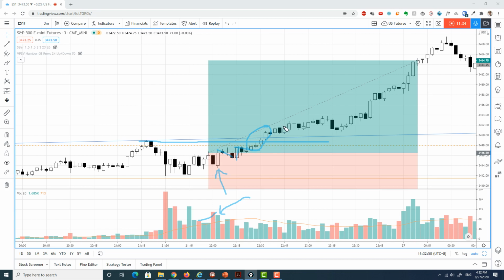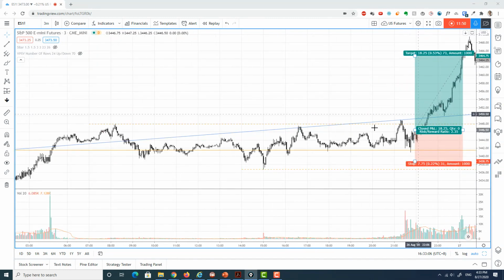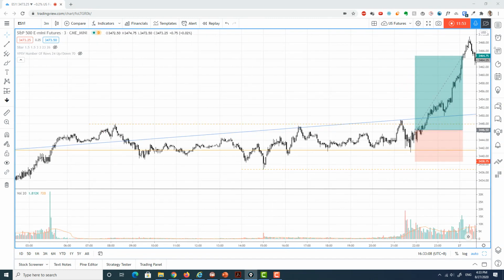And right after that, it's just another upsloping consolidation, followed by a reaction. If we zoom out a little bit here, this is pretty much a textbook style trading range.